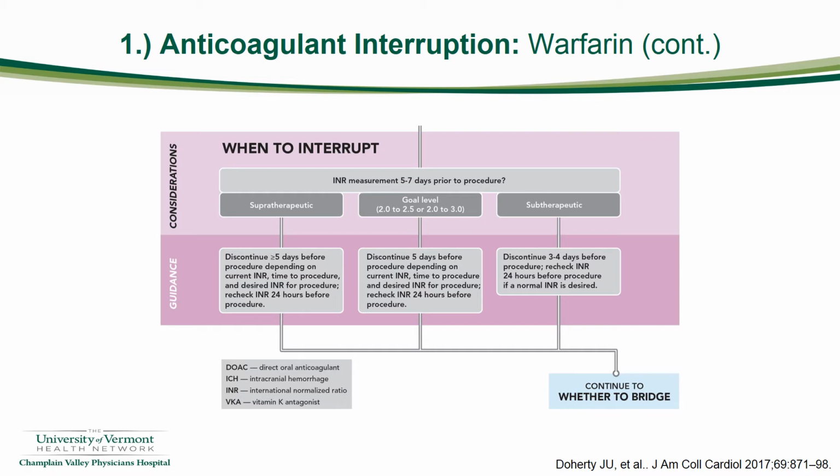If the INR is supratherapeutic, we want to discontinue warfarin at least 5 days prior to the procedure. For your patients who come back with a therapeutic INR, discontinue 5 days prior. And those who are subtherapeutic, we want to discontinue 3 to 4 days before the procedure. And for all these instances, we want to recheck INR 24 hours before the procedure to get an idea of where the INR is.